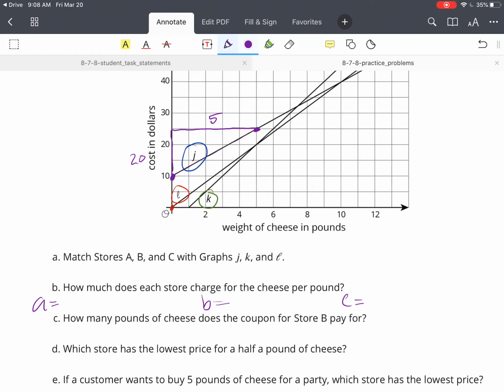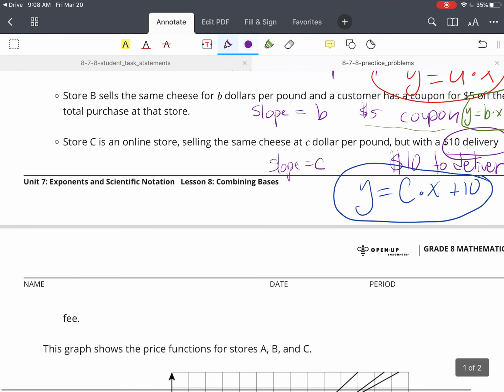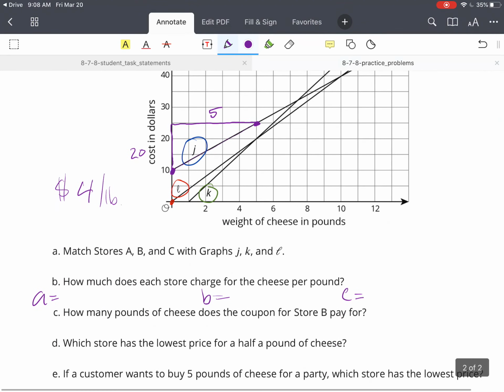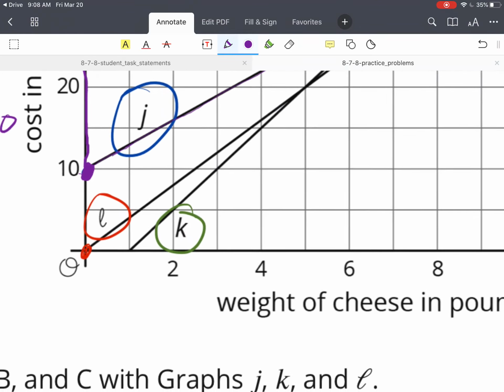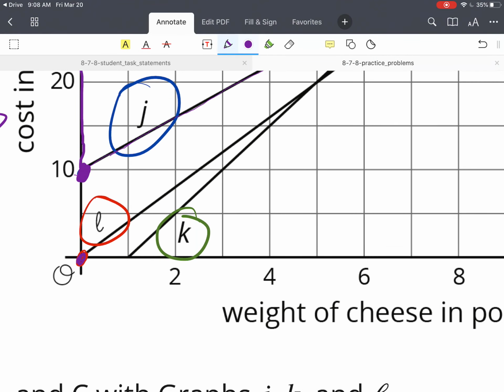And the x-axis changes by 5. So what's 20 divided by 5? 4, right? $4 per pound. Now it's the blue graph, so that's C. Per pound. And you're going to do the same thing for the red one and the green one.